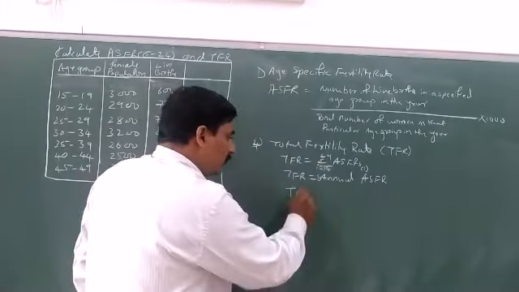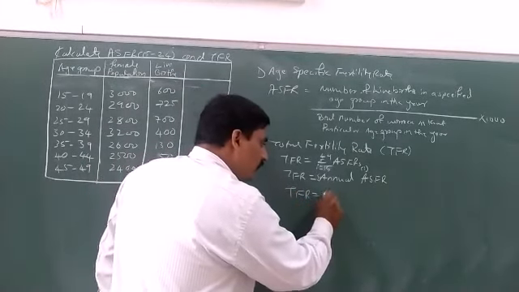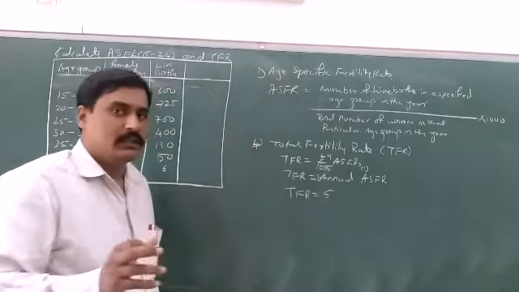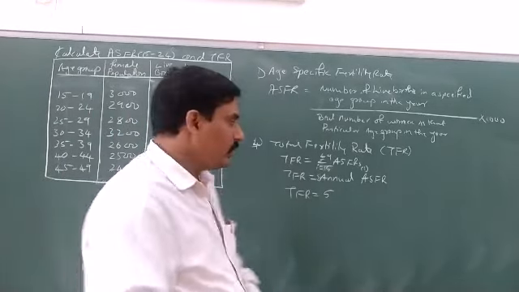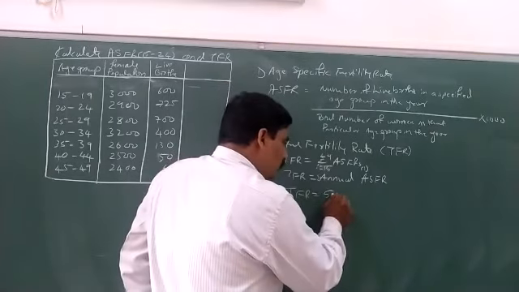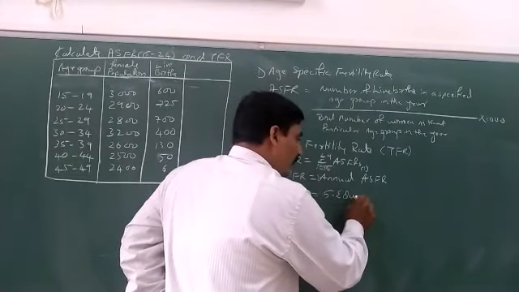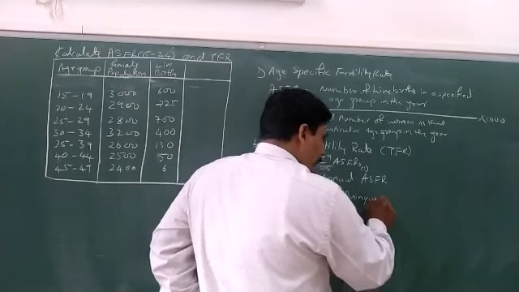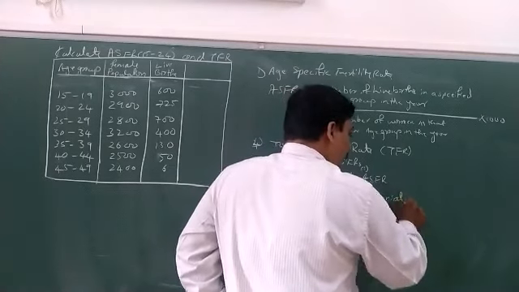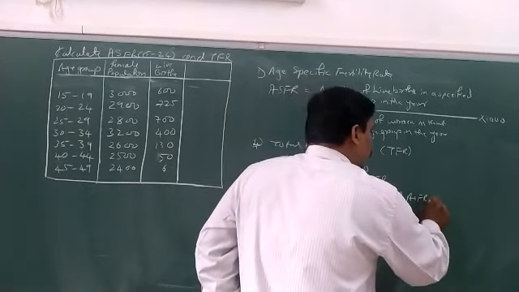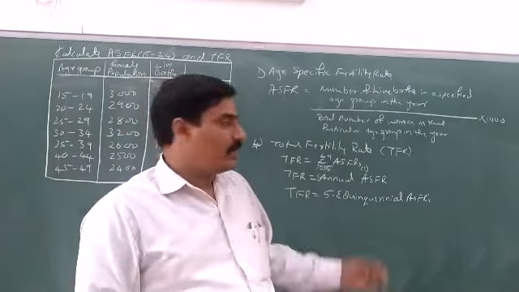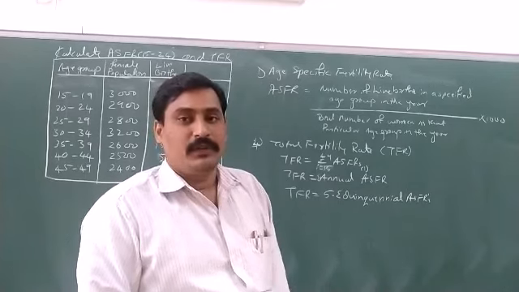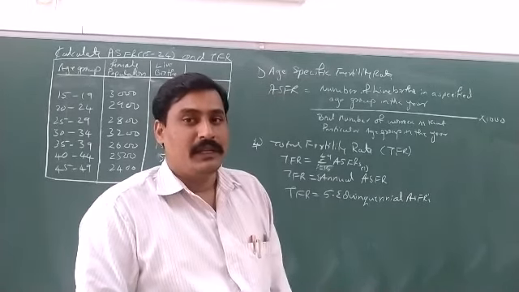So now the formula becomes TFR is equal to 5, that is the width of the age group, into summation of quinquennial ASFRs. Quinquennial ASFRs means the total 7 age groups of 5 ages each, 15 to 19, 20 to 24, and so on.